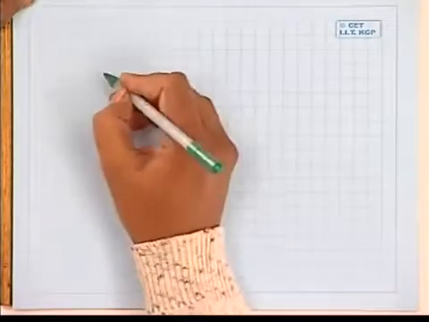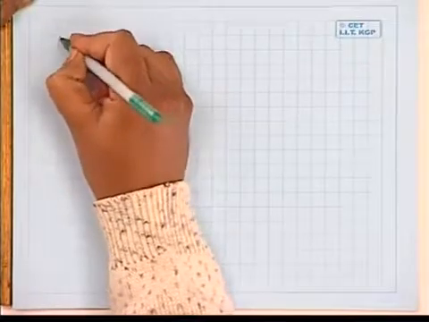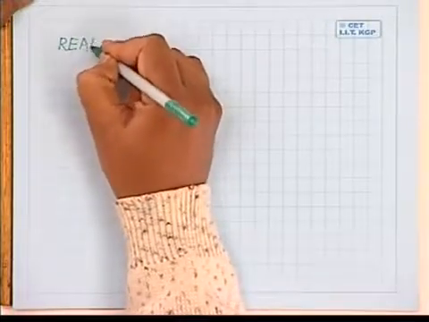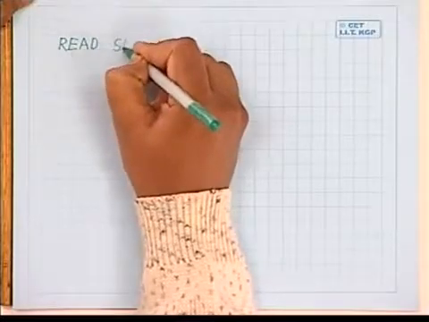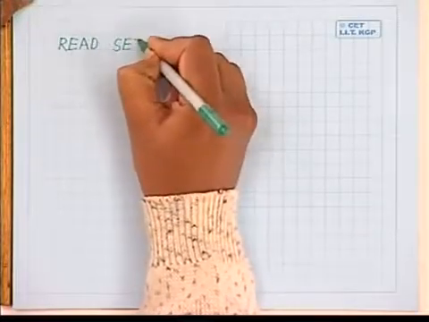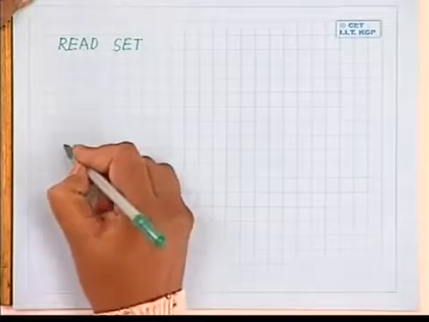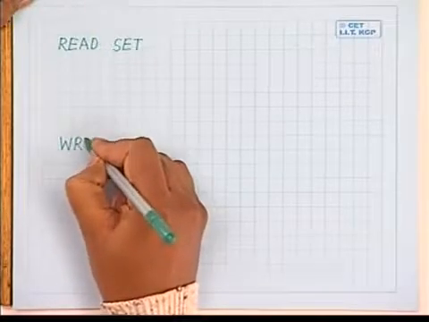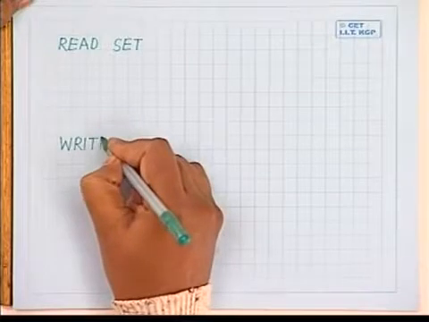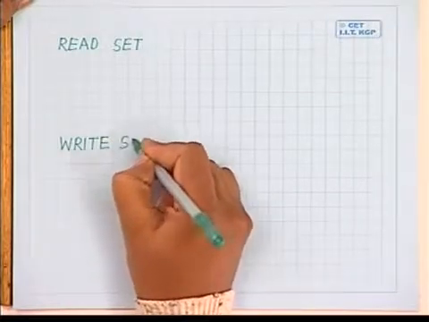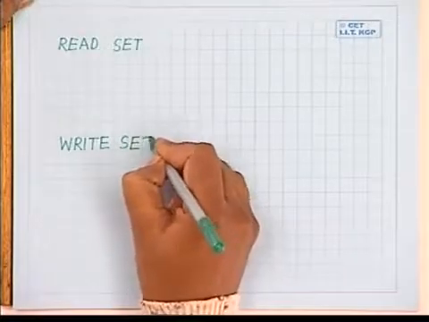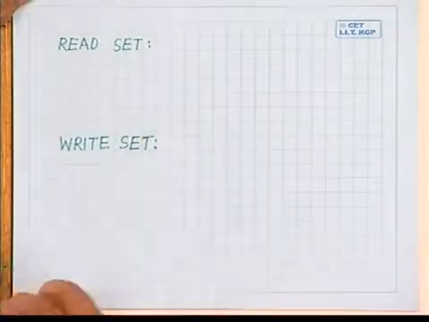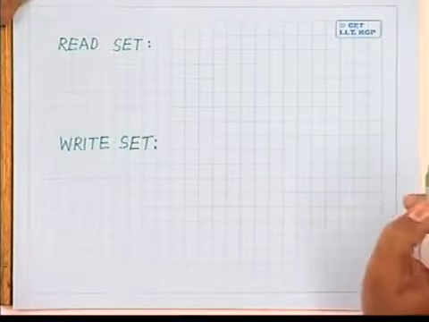One of the sets we will call the read set, and the other set we will call the write set. So we define two sets, one is the read set and the other one is the write set.